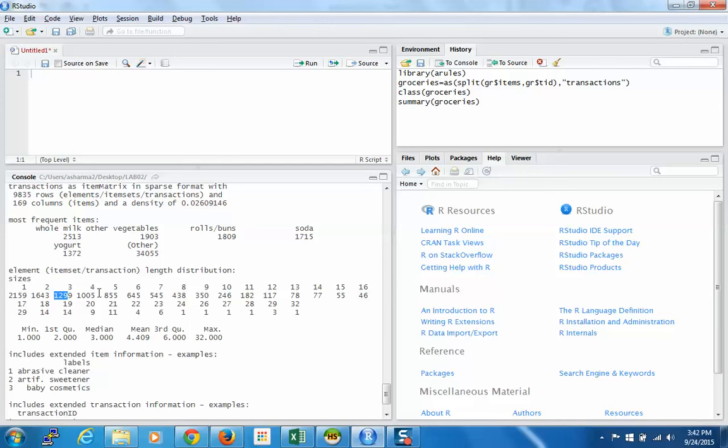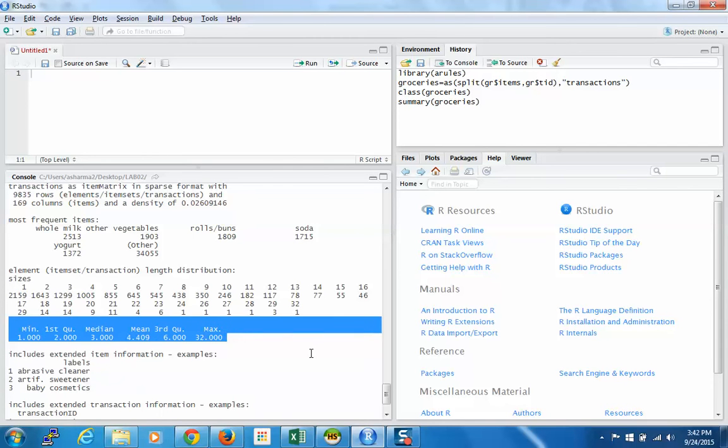And this number keeps going down, down, down, and down. There is only one transaction where 32 items were bought. So literally there is no transaction where all the 169 items were bought. And here are basic statistics about the spread of the size of the basket. The minimum is 1, and the maximum is 32.